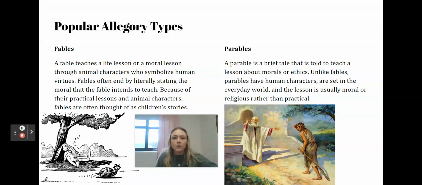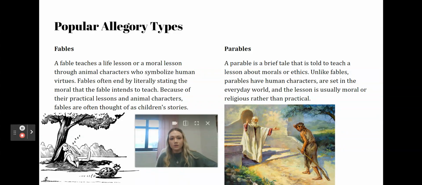Parable. A parable is a brief tale that is told to teach a lesson about morals or ethics. If you're familiar with the Bible, Jesus teaches in a lot of parables. Unlike fables, parables have human characters and are set in the everyday world, and the lesson is usually moral or religious rather than practical.